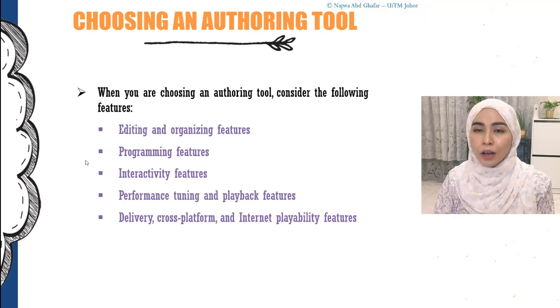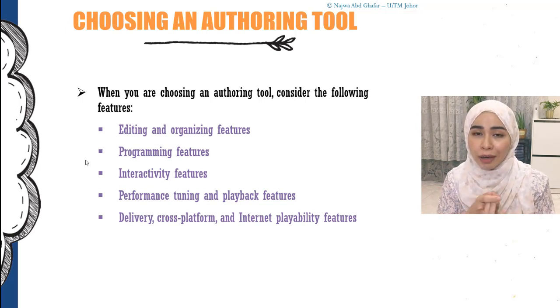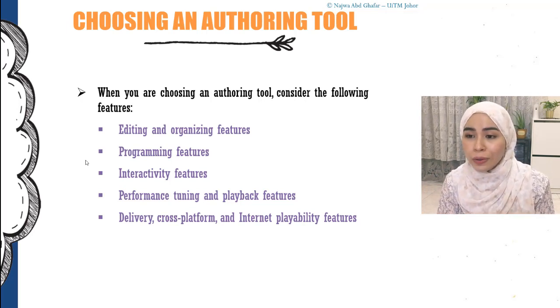As we all know, there are three types of authoring tools: card and page-based authoring tools, time-based authoring tools, and icon and object-based authoring tools. It's up to you which one you want to use. When choosing an authoring tool, you can consider the features it provides.